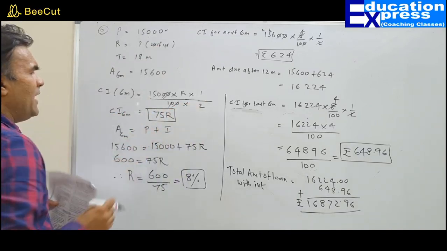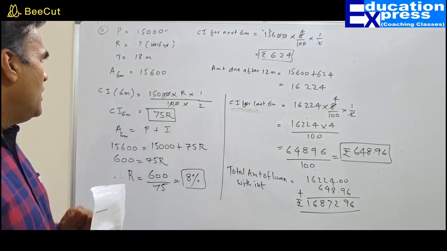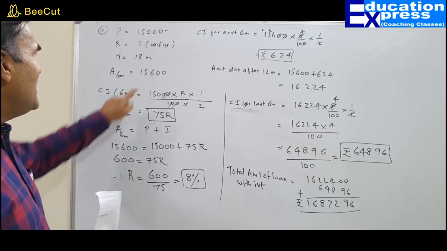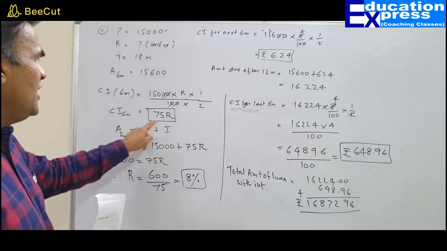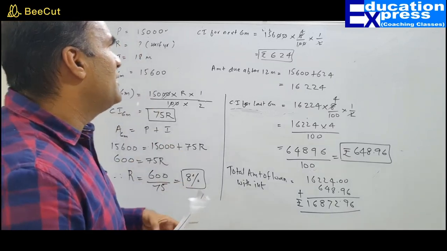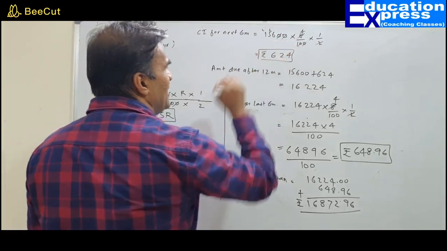So that way we got my compound interest for first 6 months as 75 R. We know that amount equals to principal plus interest. Amount is 15,600, principal is 15,000, interest is 75 R. Please solve that to get 8%. Next 6 months. So on 15,600, charge 8%, that is 624.